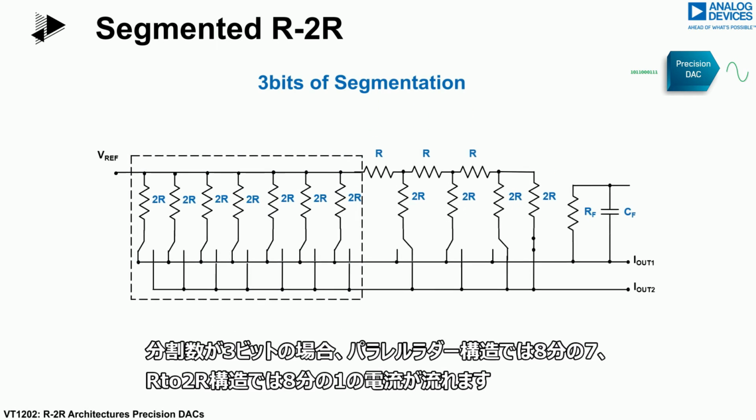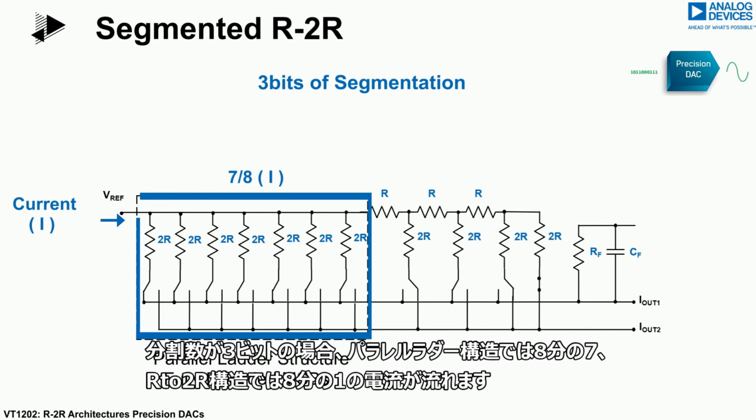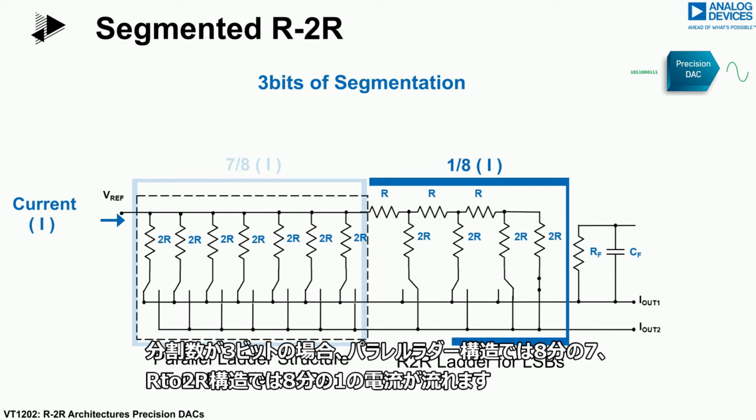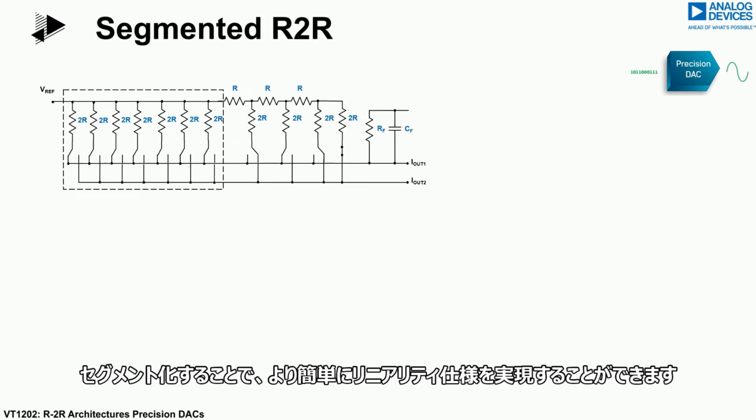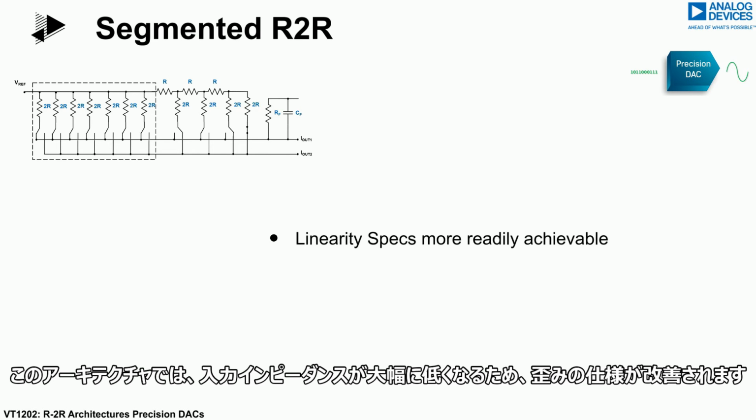In the case of 3 bits of segmentation, 7/8 of the current will flow in the parallel ladder structure, and 1/8 in the R-2R structure. Segmentation allows linearity specifications to be more easily achieved. In this architecture, the input impedance is much lower, leading to an improved distortion specification.